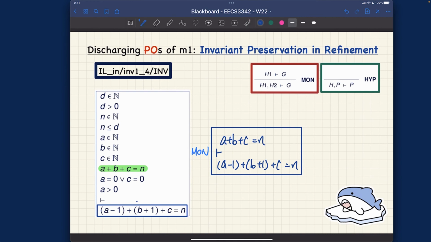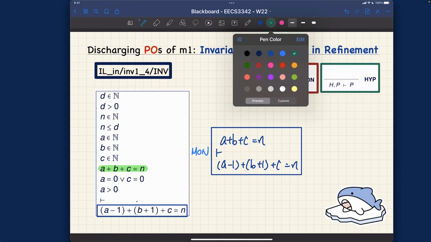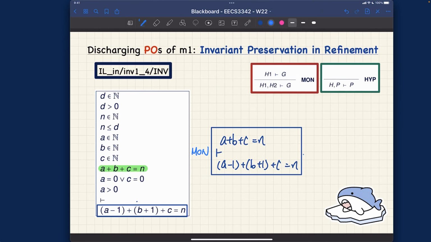So what we're going to do is apply another rule over here, which will be about arithmetic. What we'll get is A plus B plus C equals N. This is not the one we want to simplify. We wanted to simplify this expression over here. If you simplify it, -1 plus 1 cancel out. So that will be A plus B plus C equals N. This will be matching the hypothesis indeed.